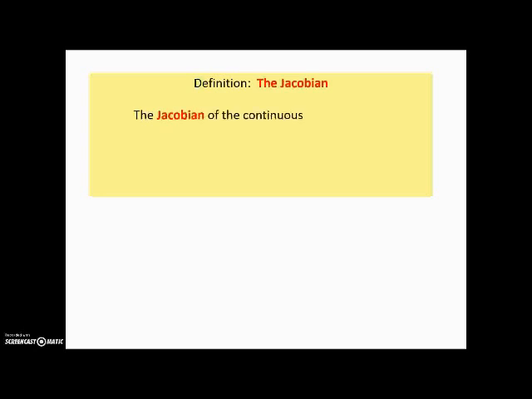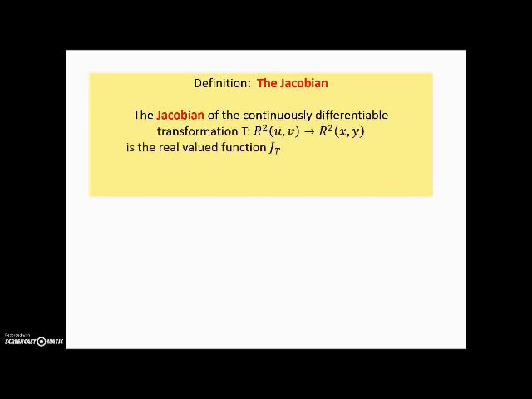The Jacobian of the continuously differentiable transformation t that maps the uv plane onto the xy plane is the real valued function j sub t, which is in fact just equal to the determinant that we developed on the previous slide. Notice that the Jacobian takes information from the uv plane and creates a real valued function in u and v from that.